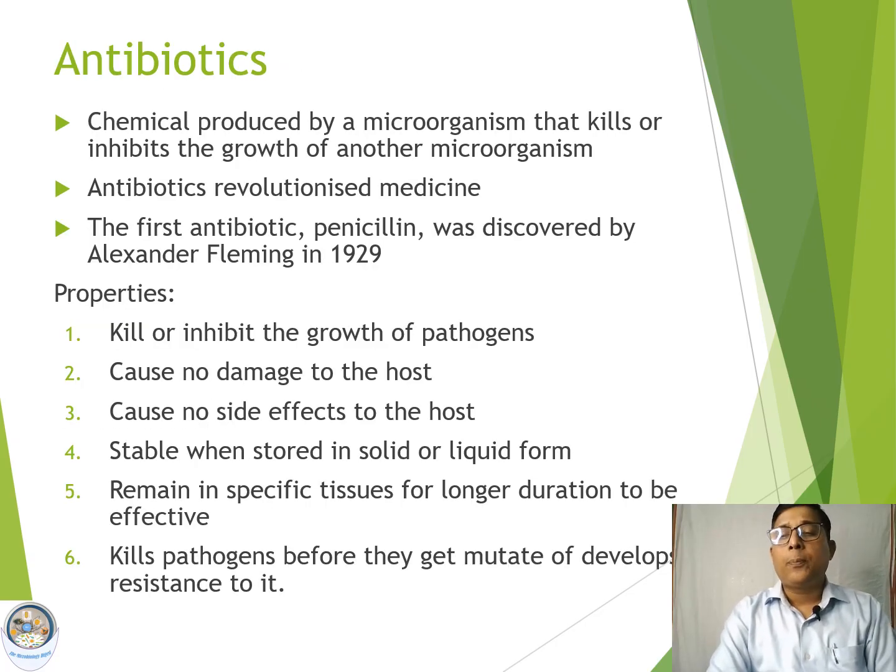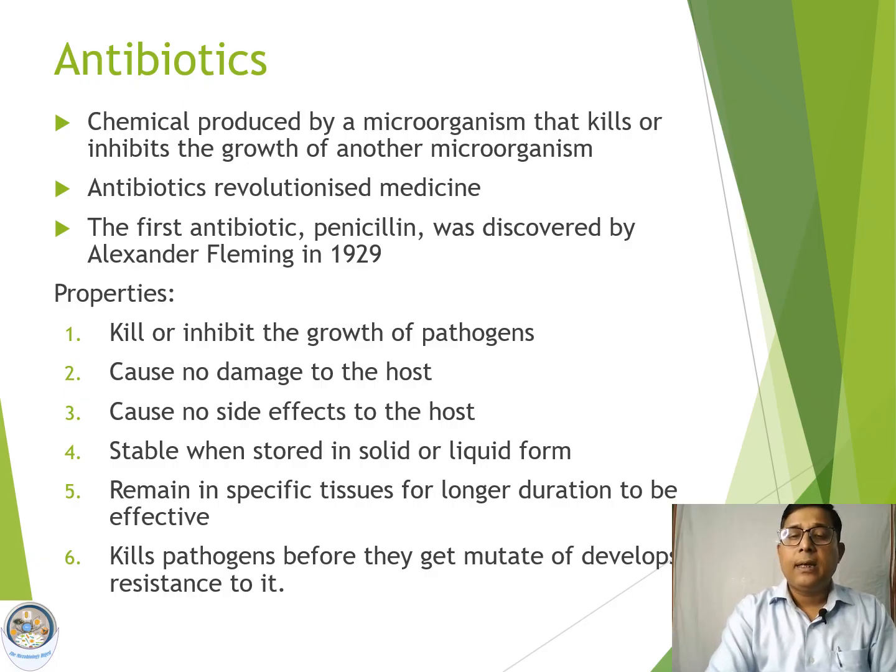Now, next part of today's discussion is the antibiotic resistance. So before that, let us understand what is antibiotic. So antibiotics are some chemical compounds produced by microorganisms that can kill or inhibit the growth of some other microorganisms.